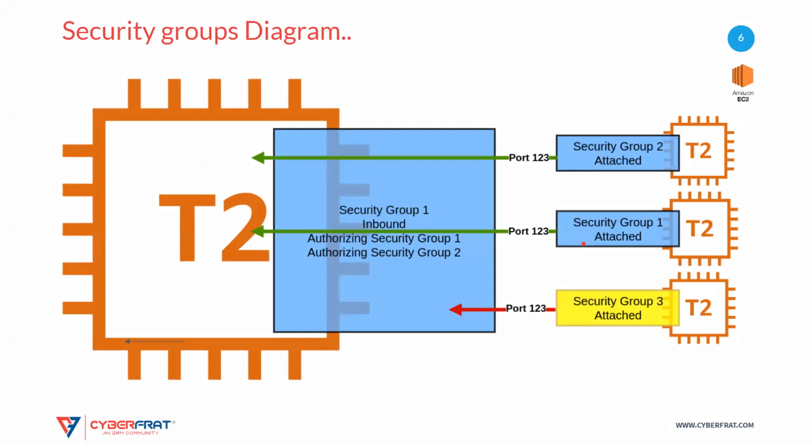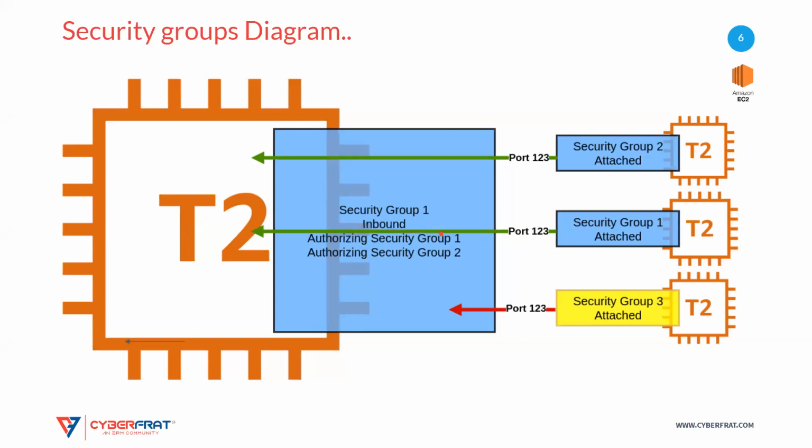So this is a security group diagram. Here you can see we have a T2 micro, and these are other instances. This T2 micro has security group 1, which is inbound. I have written a security group which says allow the traffic on port 123 from this security group.